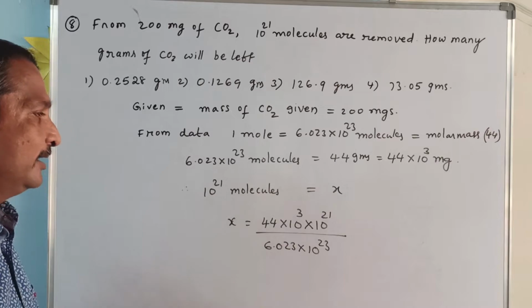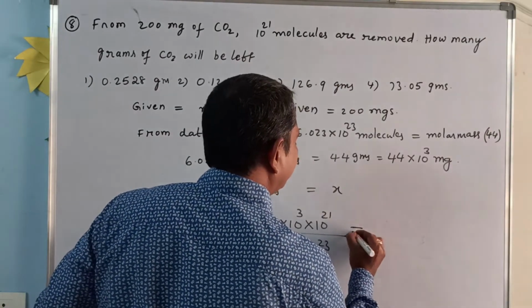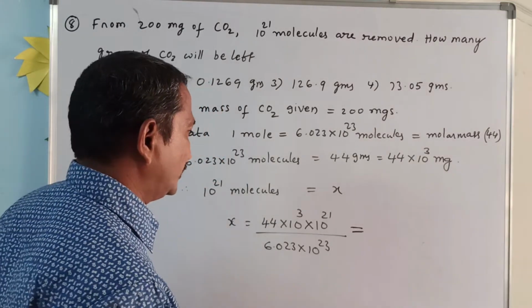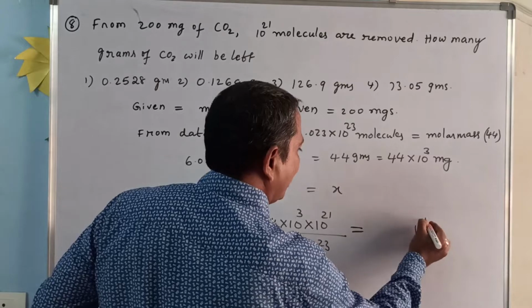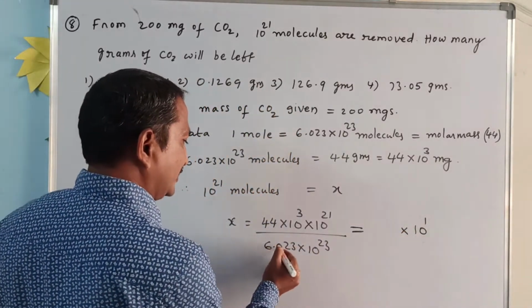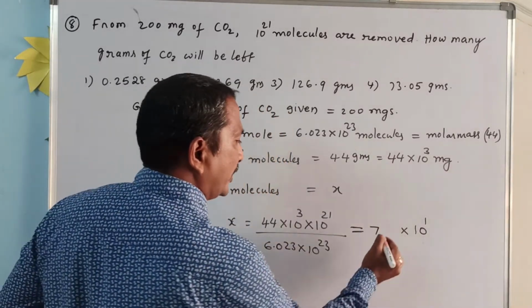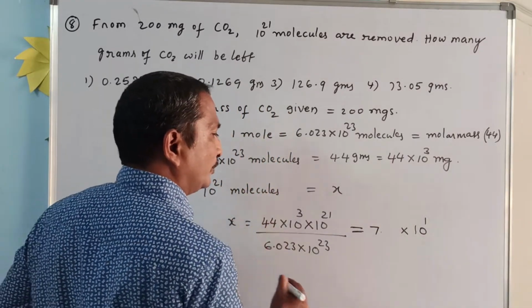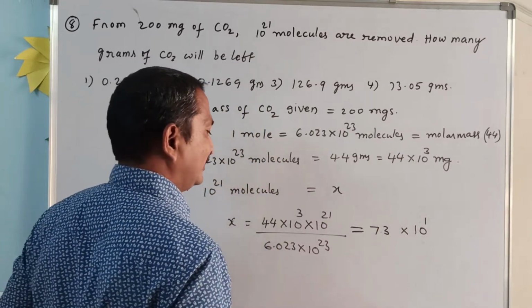Clear, all of you? That is equal to 10 power 23, this is 10 power 24, so that is 10 power 1 into 6 something. 6 7s are 42, 6 3s are 18.